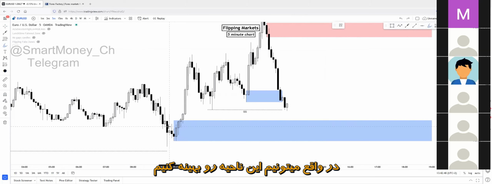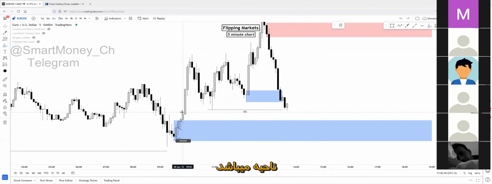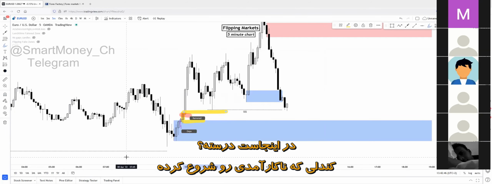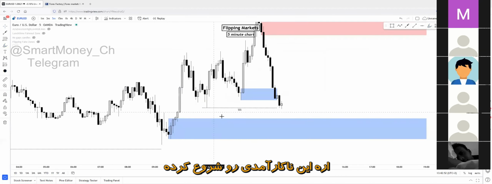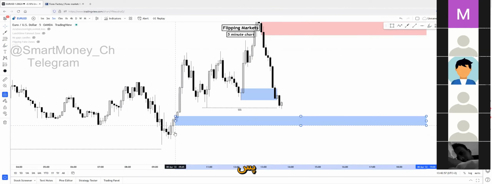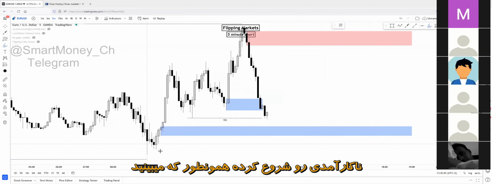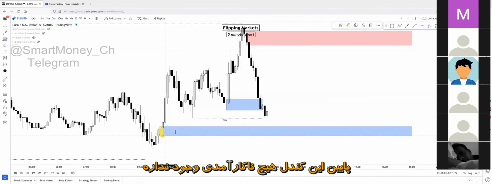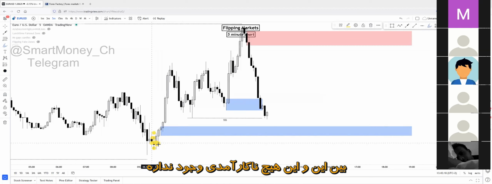Actually, we can refine this zone, but this zone will be outside of the zone. Where's the inefficiency? Right here, right? The one that started inefficiency. Actually, the downer candle started inefficiency. So this could be a right zone because this zone has started inefficiency. As you can see below this candle, there's no inefficiency. Between this high and this low, there's no inefficiency. Between this and this, there's no inefficiency.